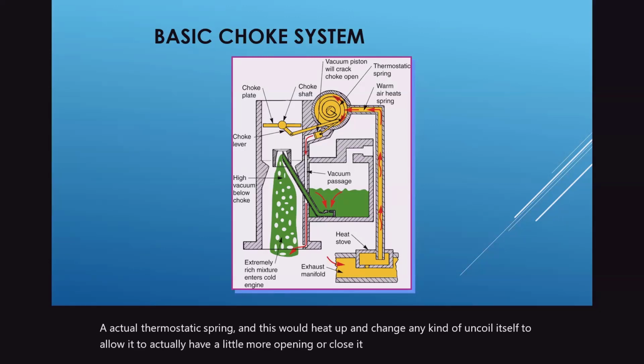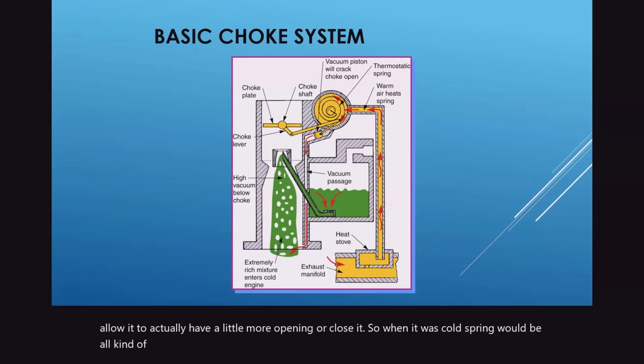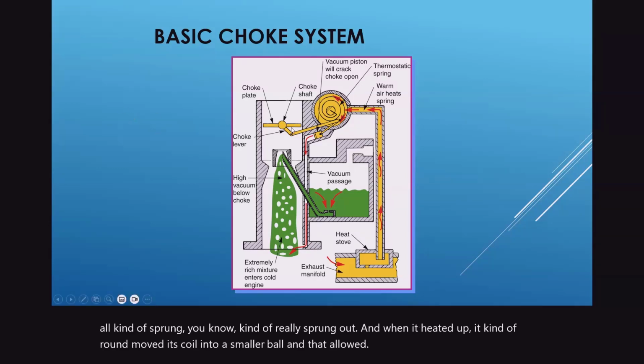So when it was cold, the spring would be all kind of sprung, really sprung out. And when it heated up, it kind of moved its coil into a smaller ball, and that allowed the plate to open and close.